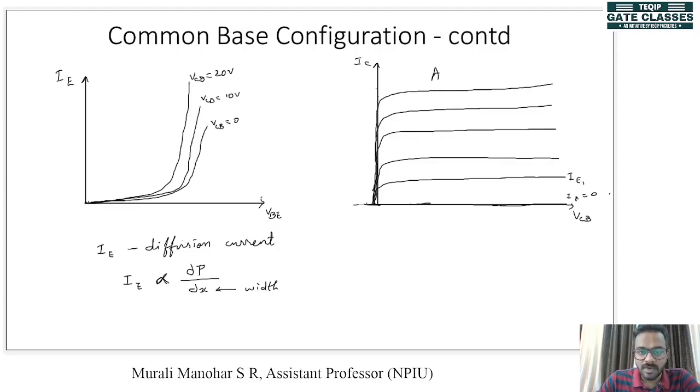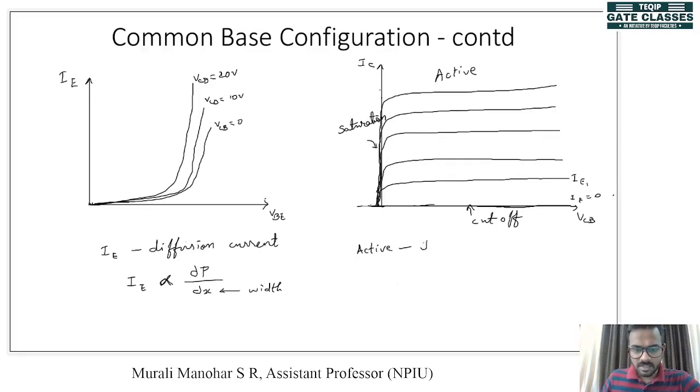This characteristics is divided into the active, cutoff, and saturation regions. For the BJT to be in active region, the emitter base junction JBE must be forward biased, and collector base junction JCB must be reverse biased.